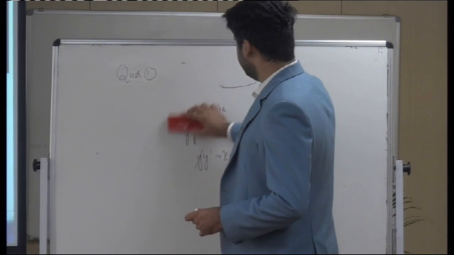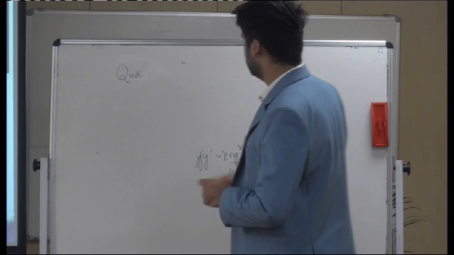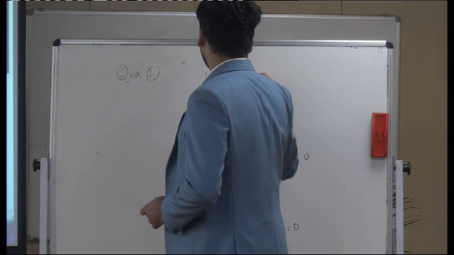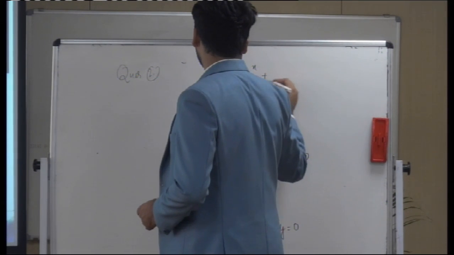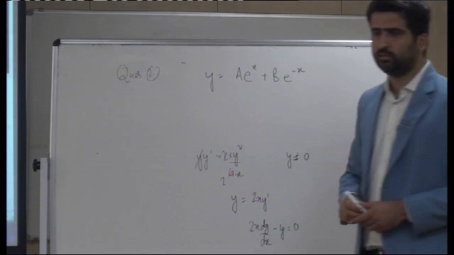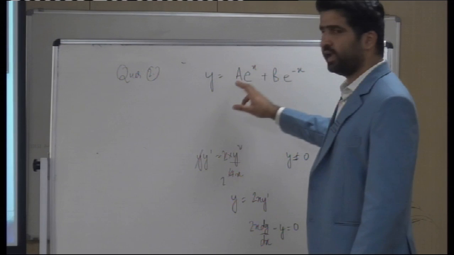The next question is, y is equal to a e to the power x plus b e to the power minus x. So this is also a very simple one. Just try it out. So how many arbitrary constants do we have? 2.